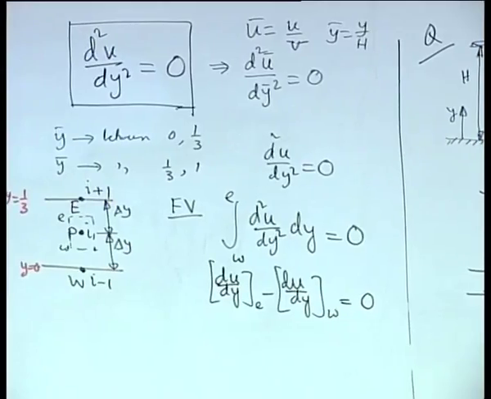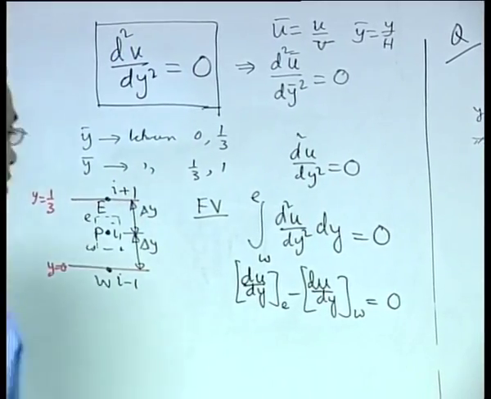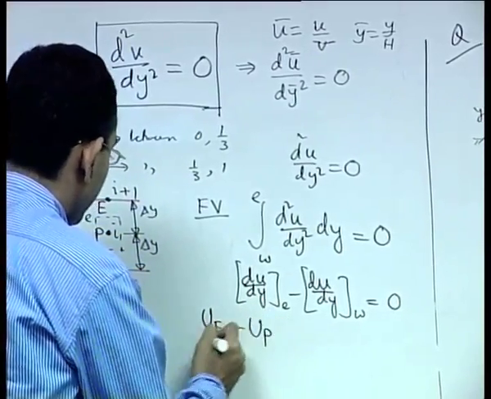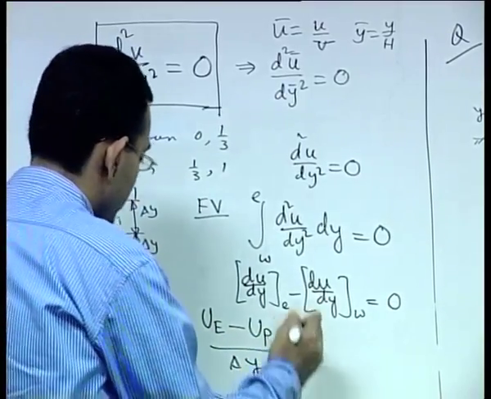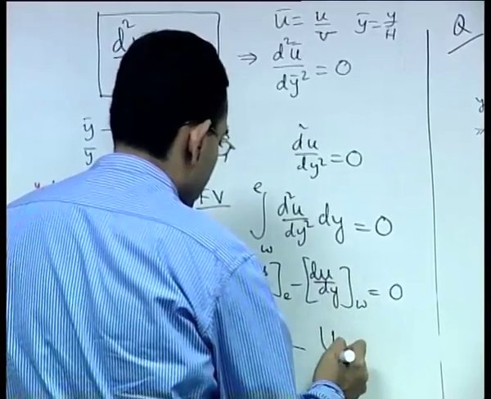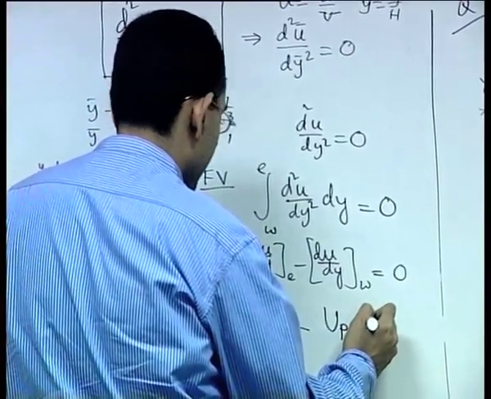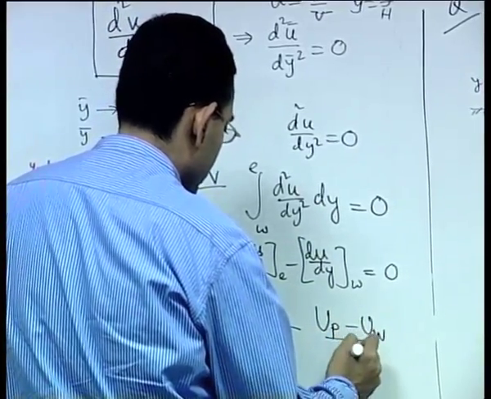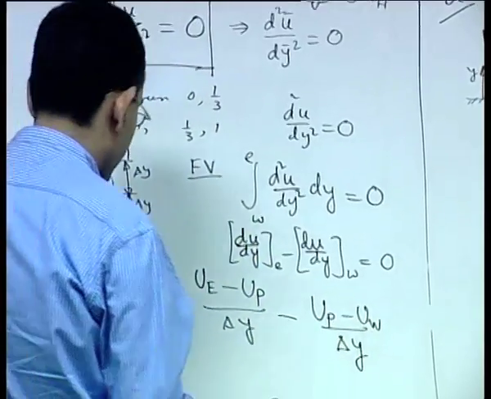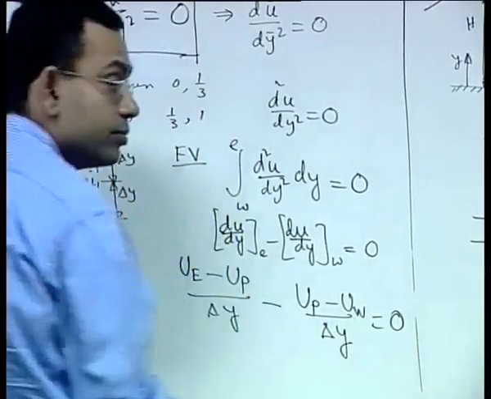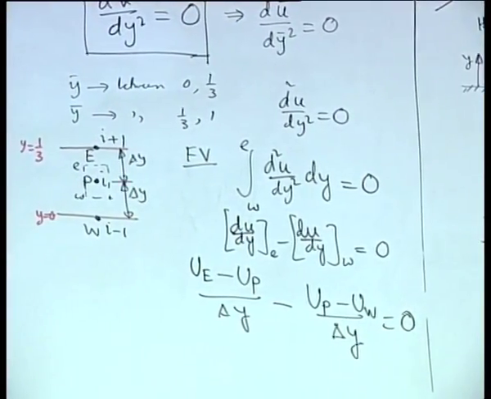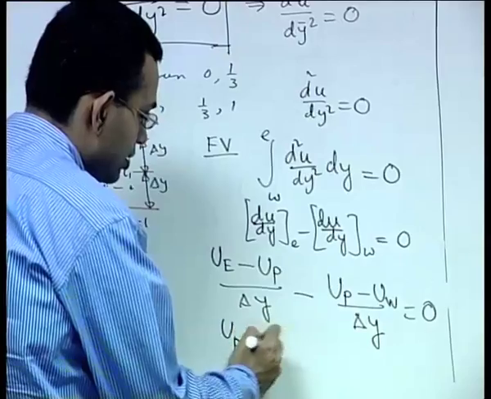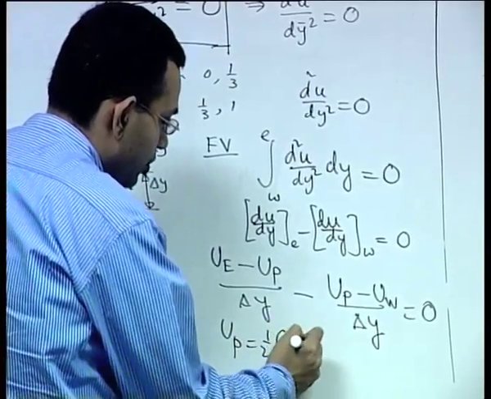If you consider piecewise linear profiles, then this will become ue minus up by delta y minus up minus uw by delta y is equal to 0. So, up becomes half of ue plus uw.